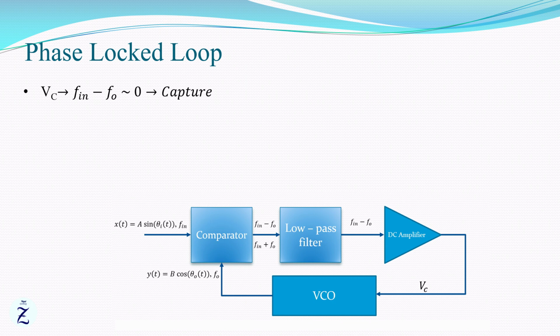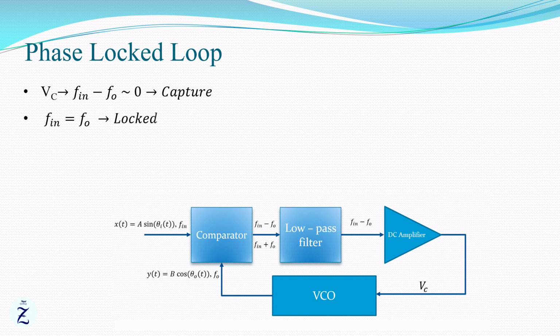Once this action starts, we can say that the signal is in capture range. The VCO continues to change the frequency till its output frequency is exactly the same as the input signal frequency. Then the circuit is said to be locked.